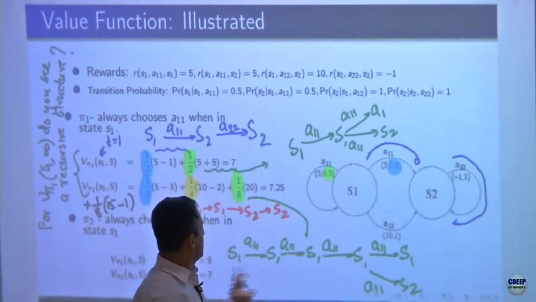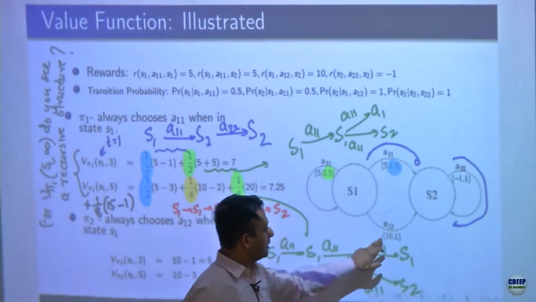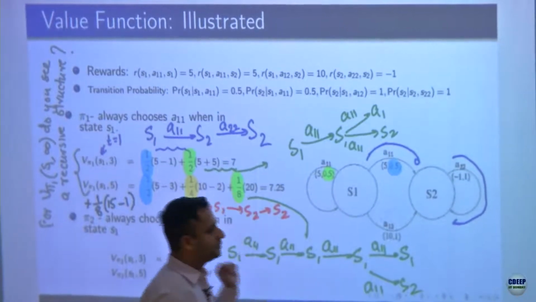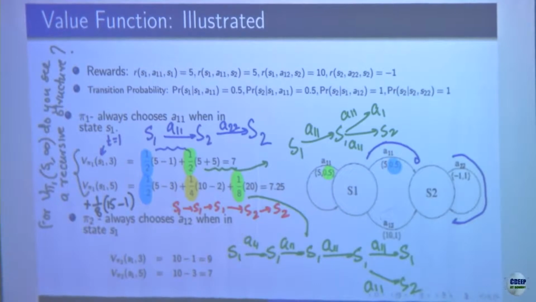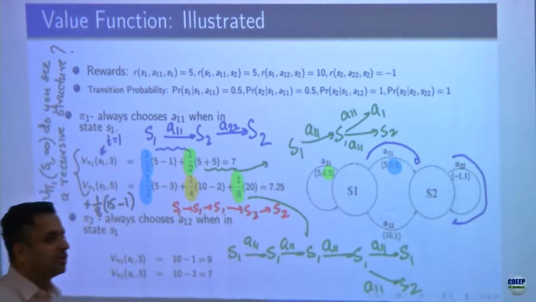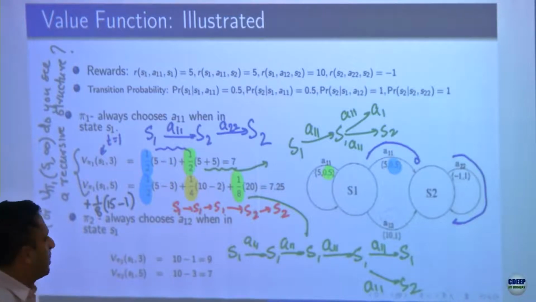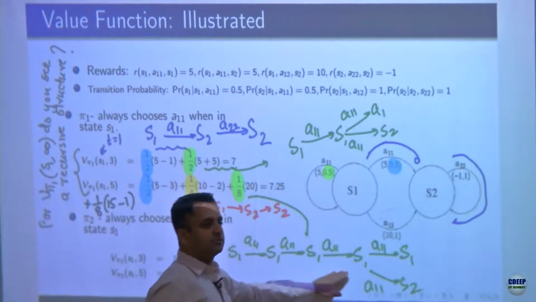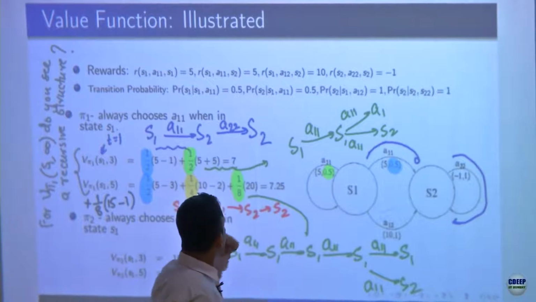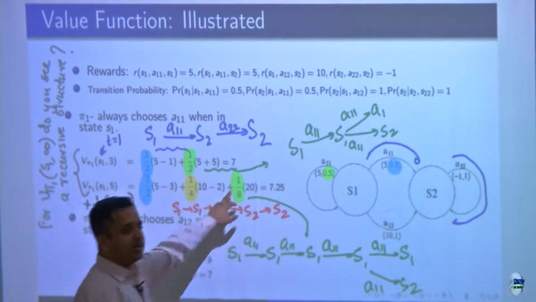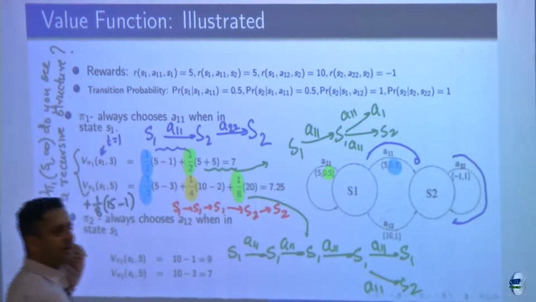So that gives you 5 plus 5 plus 5, right? Pardon? All these will be 1 by 2. 1 by 8, right? It is 1 by 8.